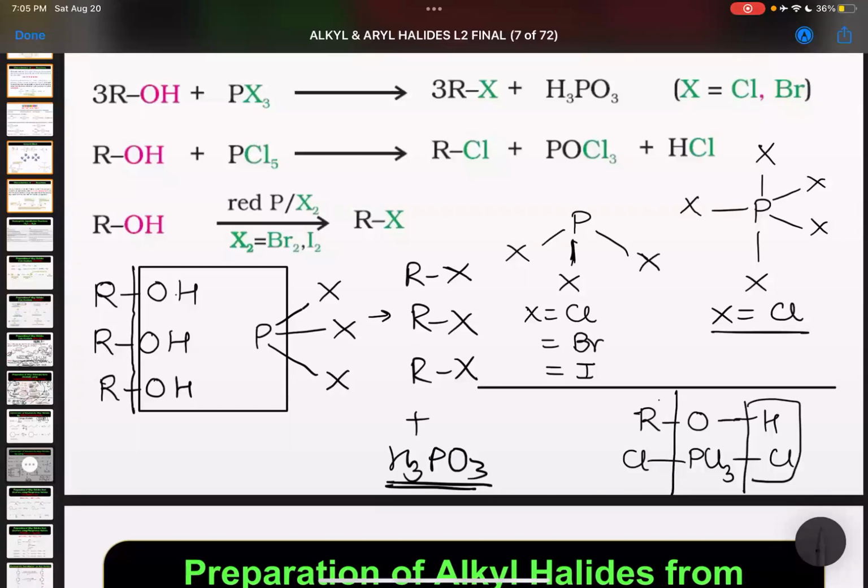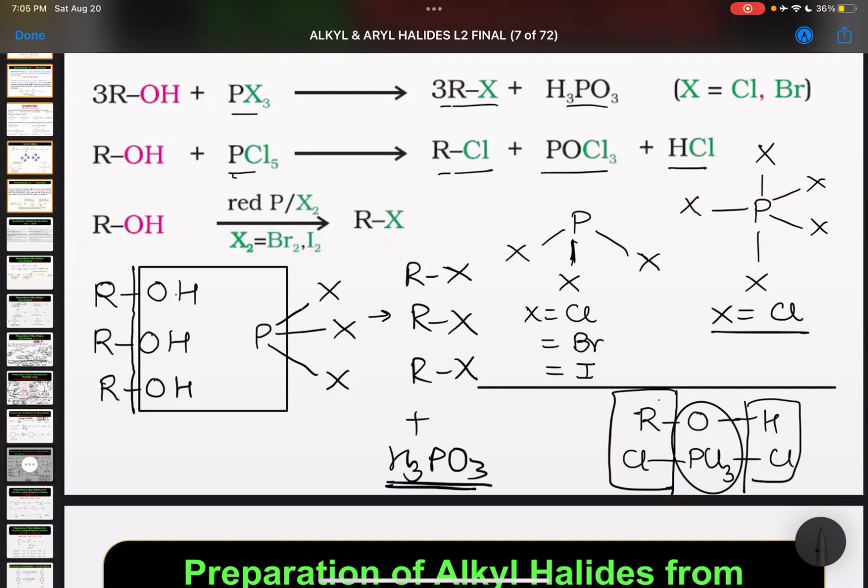So remove HCl, remove RCl and POCl3. That's how you can write the balanced equation. Is it clear? They are actually SN2 reactions, nucleophilic substitution.